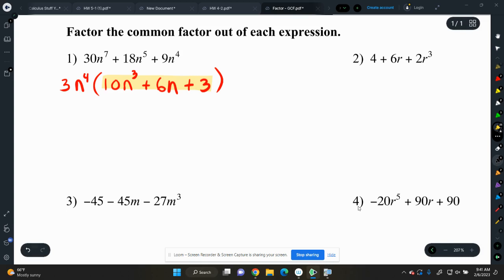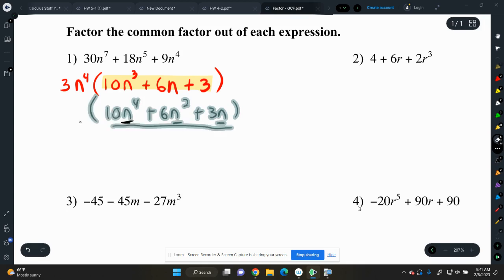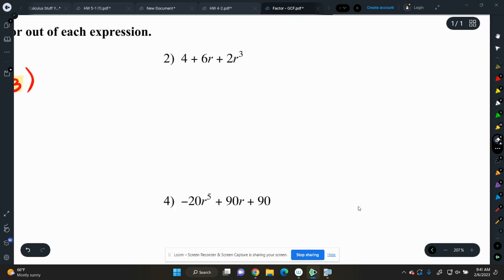For instance, let's just say that after you did it, you had 10n to the 4th plus 6n squared plus 3n left, right? So looking at that, I'm like, oh, wait, they all still have something in common. I can take an n out of there. So then you take another n out. Okay, so you can check yourself to see if you factored out the greatest common factor. Okay, number 2.